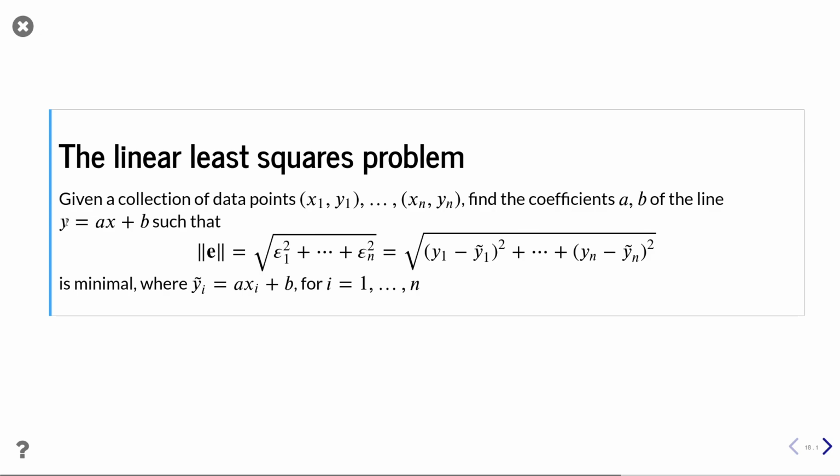I want to find the coefficients of this line such that this norm, which is this sum of differences, is minimal. And this is in the case where yi tilde is a xi plus b. So yi tilde is the value that I find when I evaluate at the xi in the data points. So that's our problem.